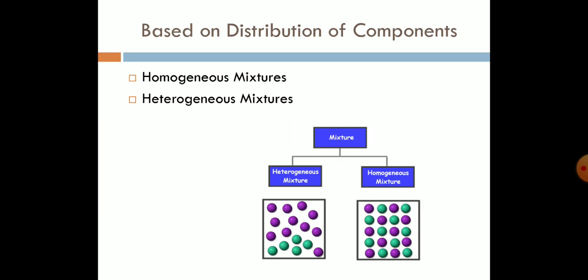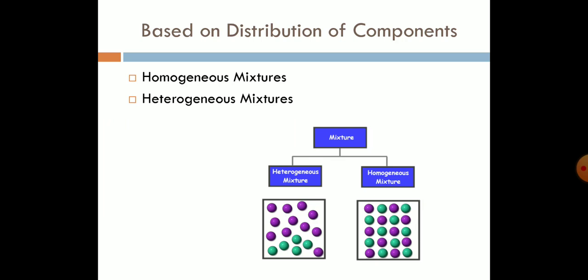Homo, H-O-M-O, gene, G-E-N-E, ous, O-U-S. Then hetero, H-E-T-E-R-O, gene, G-E-N-E, ous, O-U-S. So these are the names of the two types of mixtures based on the distribution of components.